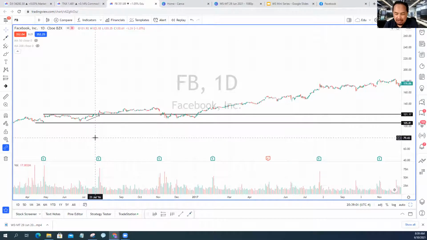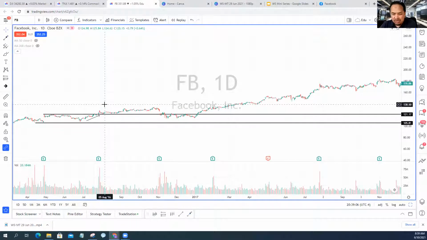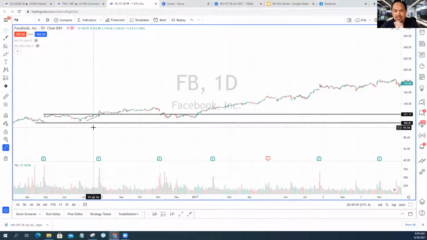If you want to relate this to an index such as the S&P 500, the Dow Jones or the Nasdaq, the same thing happens. If you want to see whether the bull or the bear is in control, whenever the price breaks the resistance, the bull is in control. But whenever the price breaks below the support, there is a potential that the bear is in control. In this case, the bull is in control.